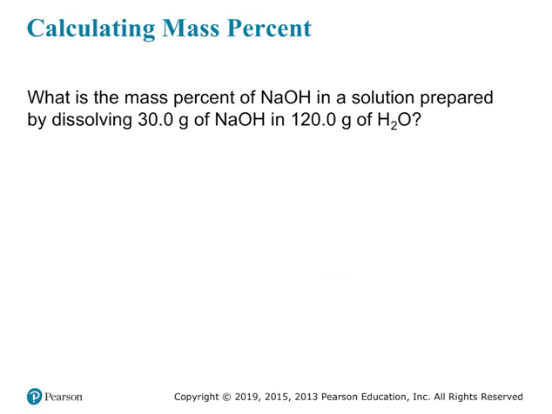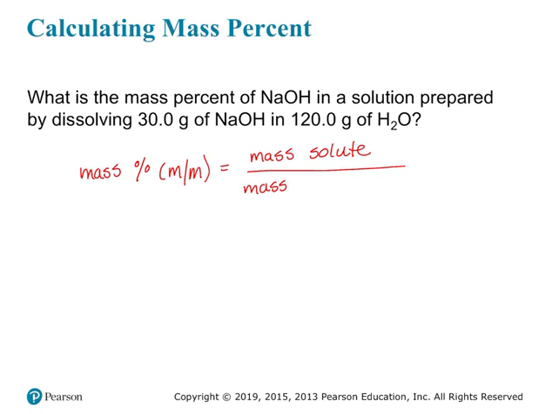Okay, so remember mass percent, M over M, is equal to the mass of the solute in grams over the mass of the solute plus the mass of the solvent. And then we multiply by 100.